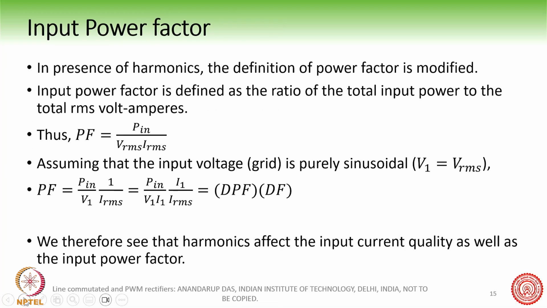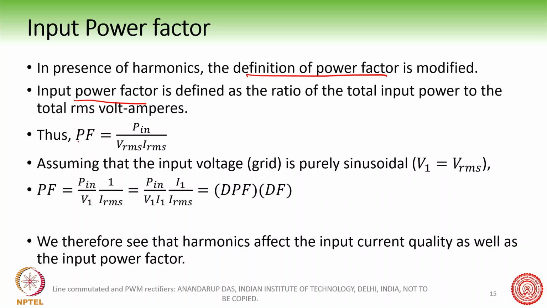Now the input power factor. When you have a lot of harmonics in the input current, the definition of power factor needs to be modified. So how do we define the input power factor? The input power factor is defined as the ratio of the total input power to the total RMS volt ampere.